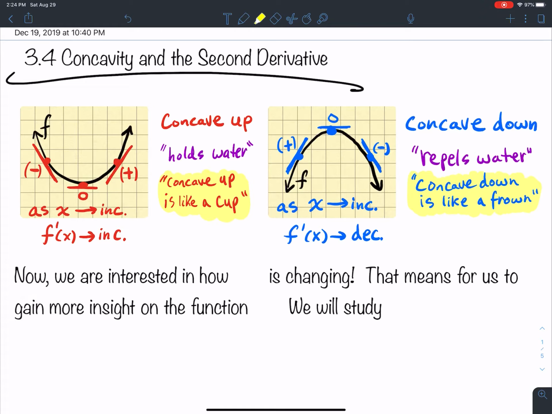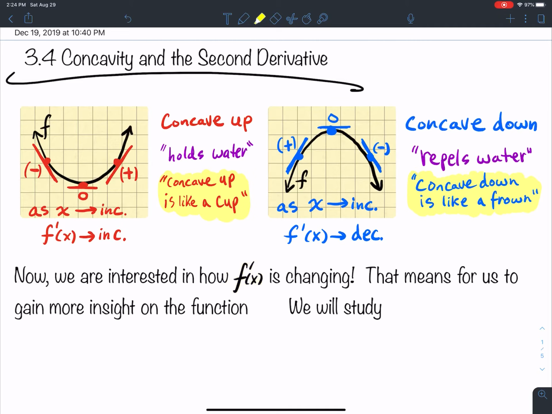Now, what are we interested in? We're interested in how the derivative is changing. So as x changes, what we're analyzing is how the derivative changes, whereas when we were talking about increasing and decreasing functions in the last section, we were interested in how the function f changes. Now we're interested in how the derivative changes.